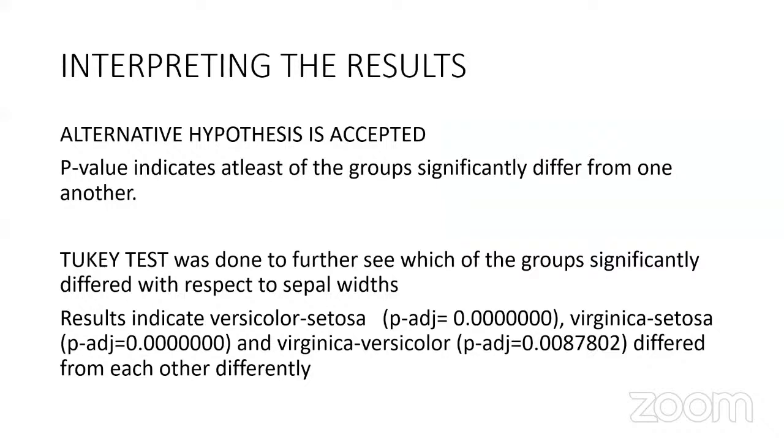Yeah. So from the results, we can see that the alternative hypothesis is accepted because the p-values indicate that the groups are differing, and the Tukey test indicates that versicolor and setosa, these two species, differ significantly with respect to the sepal width. Virginica and setosa also differ with each other with respect to the sepal width, and virginica and versicolor also differ from each other.